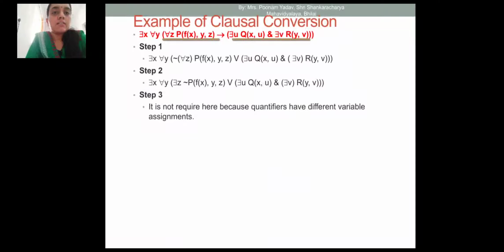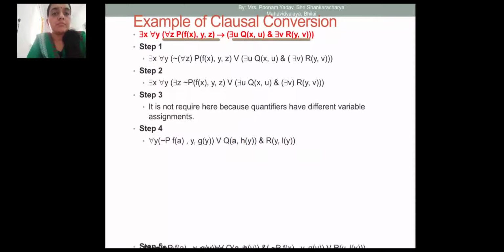Then in the next step, renaming is not required. Next we perform the Skolemization. In that, the x variable is replaced with a(y), z is replaced with g(y), u is replaced by h(y), and v is replaced by i(y). These are the Skolem functions replacing the variables.